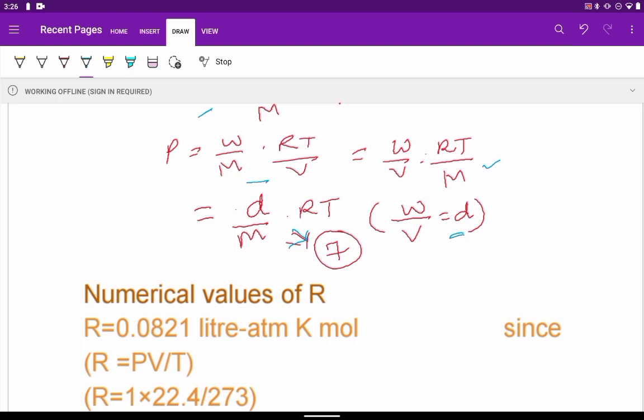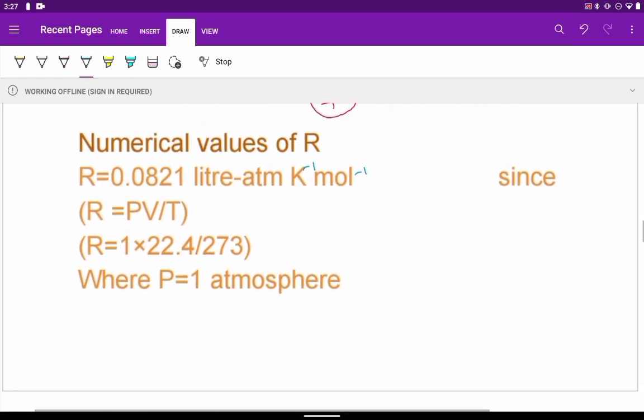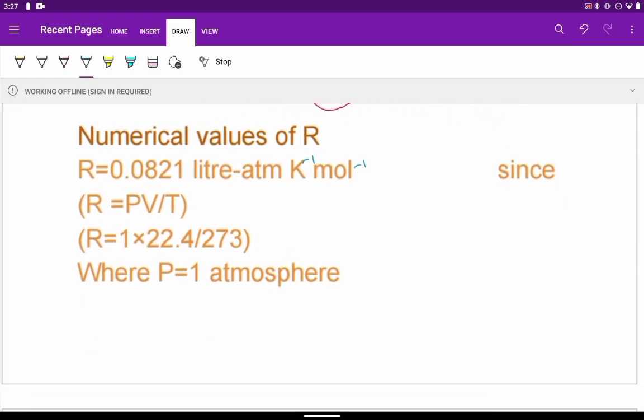So using different units we will arrive at different values for R, capital R. We will get R as 0.0821 liter atmosphere per Kelvin per mole, because we know R is equal to PV by T. We put the values of P, V and T respectively.